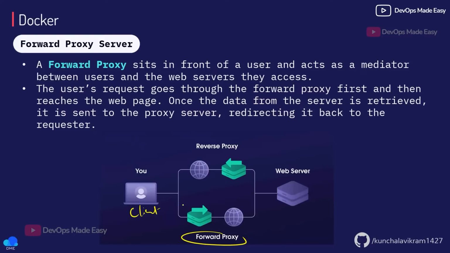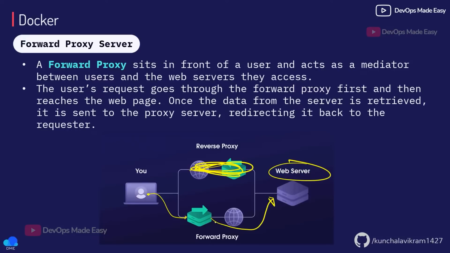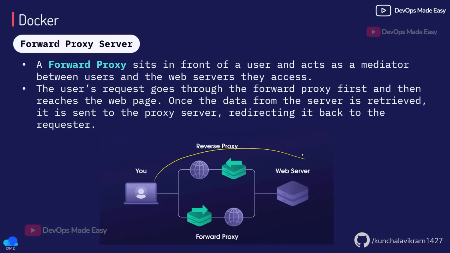If you look at this example, the client is talking to the forward proxy, which is talking to the web server, which means the web server is not aware of the client. The client information is completely hidden from the web server because your client is not directly talking to the web server. It is the forward proxy that is talking to the web server.